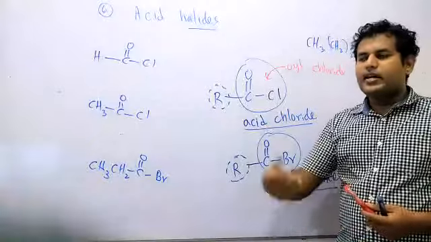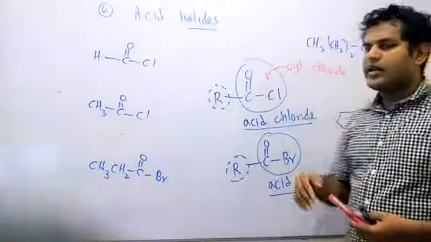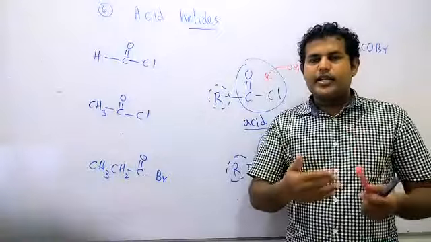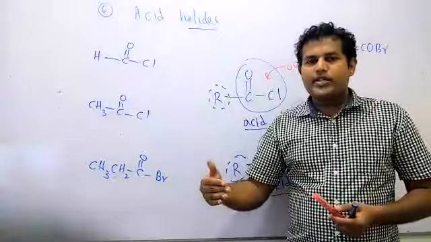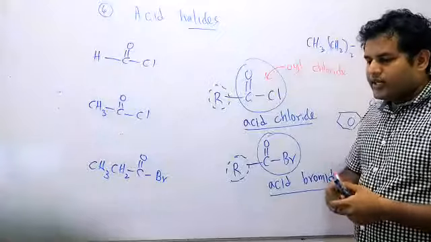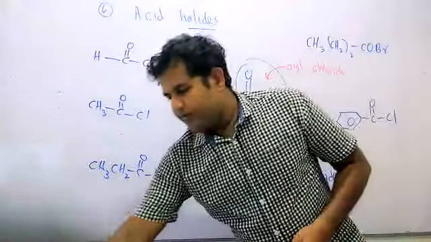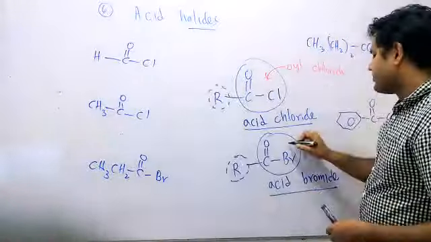The IUPAC term is oyl chloride, just as the carboxylic acid was the name but the IUPAC notation was oic acid. And the other one is oyl bromide. Keep a space before bromide. So I think you can write the names now.